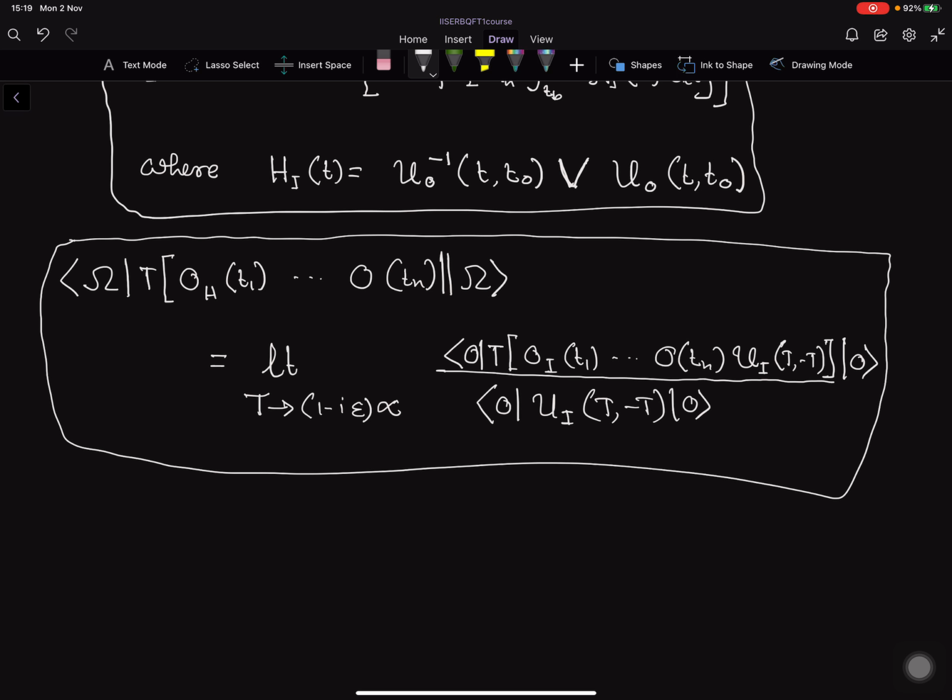Okay, where this is the ground state of the free theory, which we know exactly and we know how to compute, and these are the interaction picture operators.